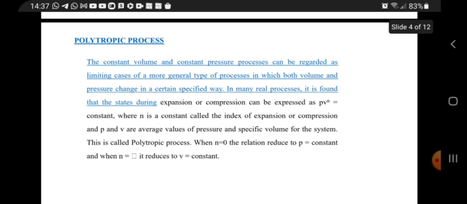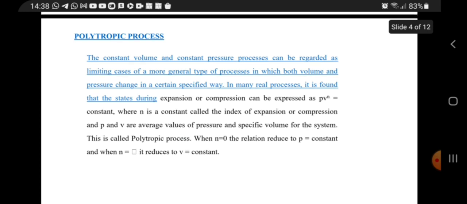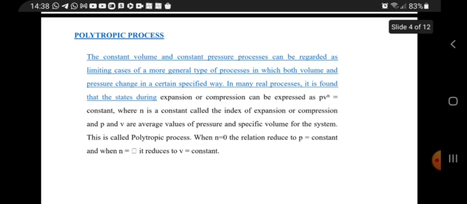In many real processes, the state during expansion or compression can be expressed as PV power n equal to constant, where n is a constant called the index of expansion or compression, and P and V are the average values of pressure and specific volume for the system. This is called the polytropic process.